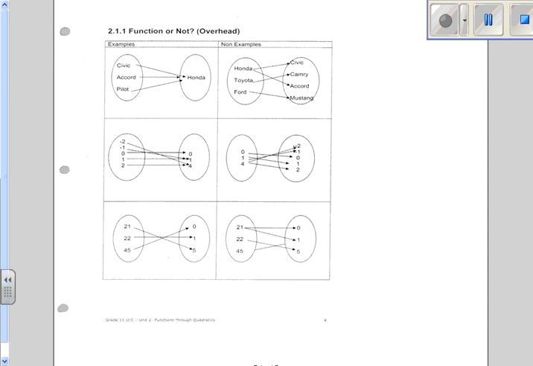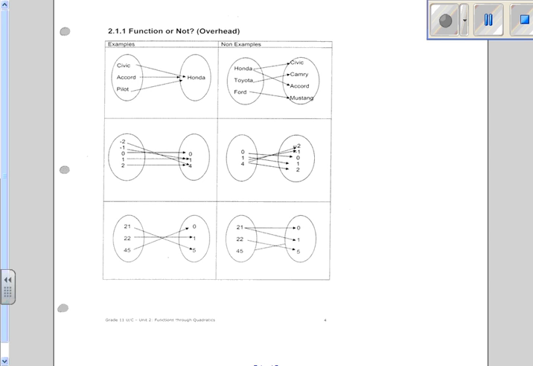We have some examples and non-examples of functions and non-functions. This first one is a function because a Civic can only be a Honda. An Accord can only have one answer, Honda.